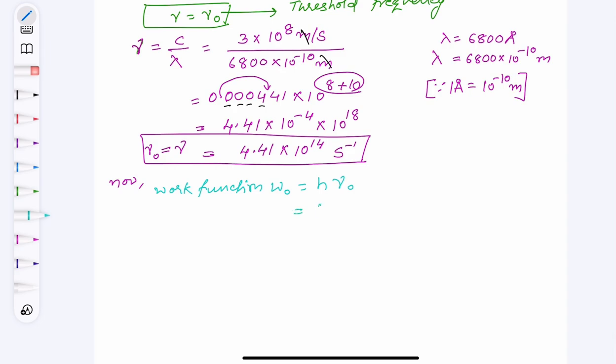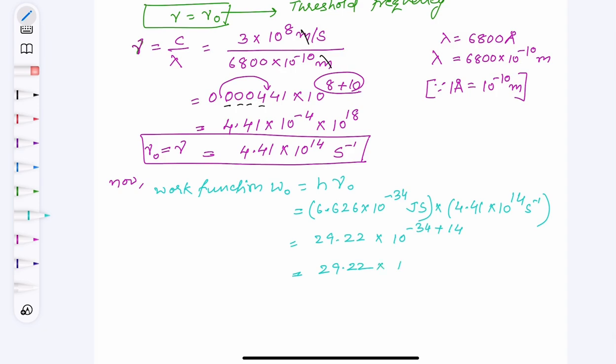Planck's constant has the value 6.626 into 10 to the power of minus 34 joule second, and nu naught you have just found out, 4.41 into 10 to the power of 14 per second. If you multiply 6.626 with 4.41, you get 29.22 into 10 to the power of minus 34. We add the powers of 10, so you have minus 34 plus 14, which will be 20.